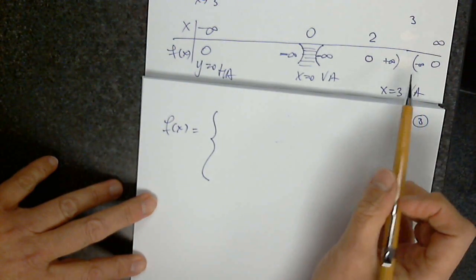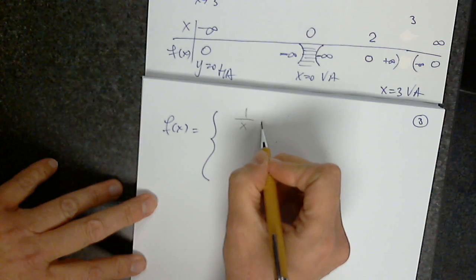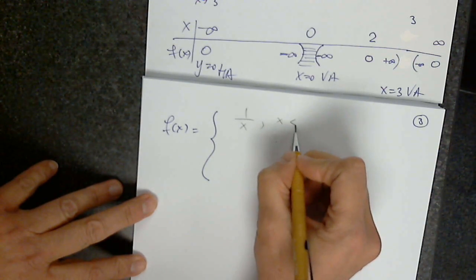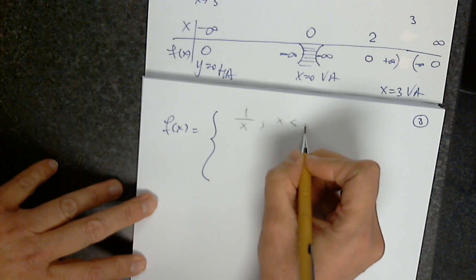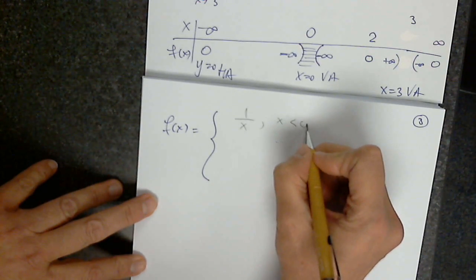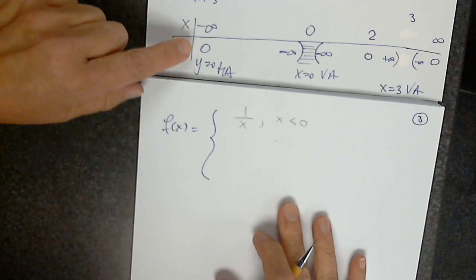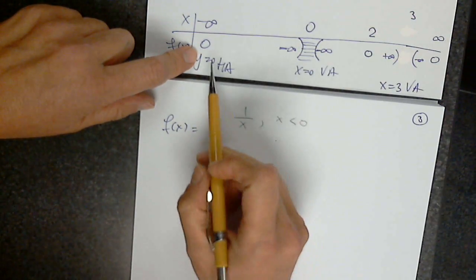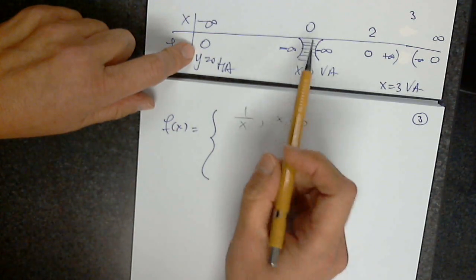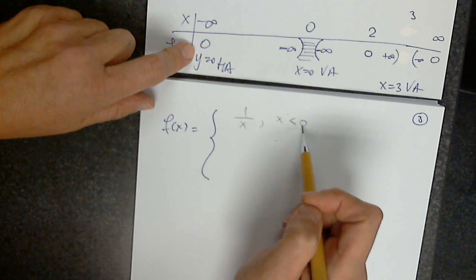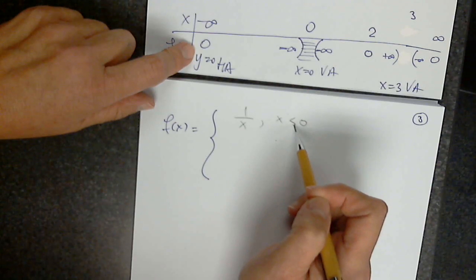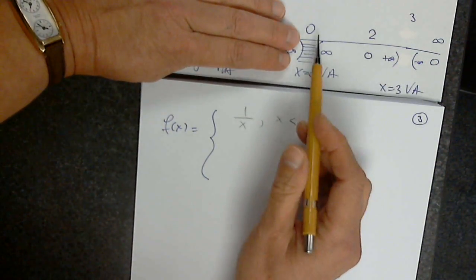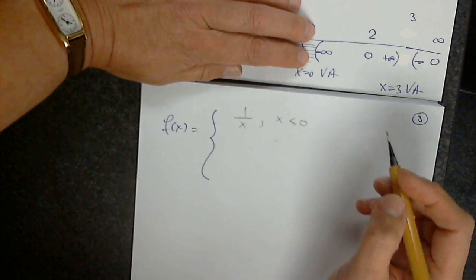So this, 1 over x, when x is less than 0, okay, that's one option. I didn't finish, so hold on till I am done. So 1 over x for x less than 0 goes to 0, and as x approaches 0 from the left it goes to negative infinity. Perfect. This part is fine. It's undefined at 0. Fine.